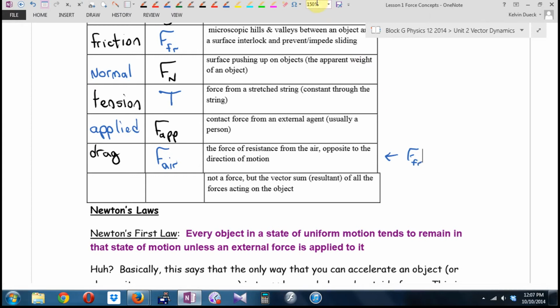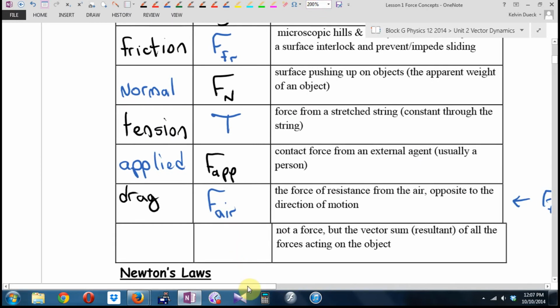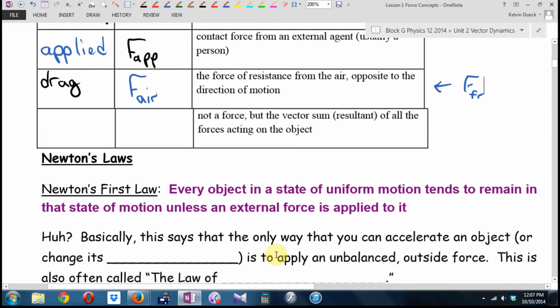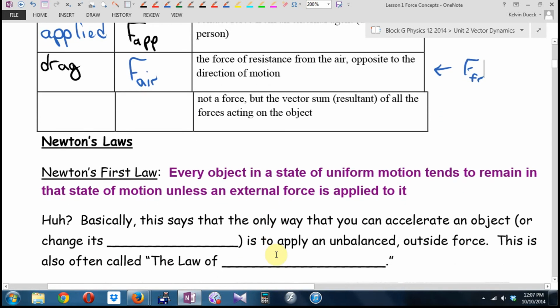And then the last one is not a force per se, but it's actually the vector sum, or the resultant, of all of the forces acting on an object. Do you remember what we called that one? It was a three-letter word. Began with the letter N, then an E. F net.